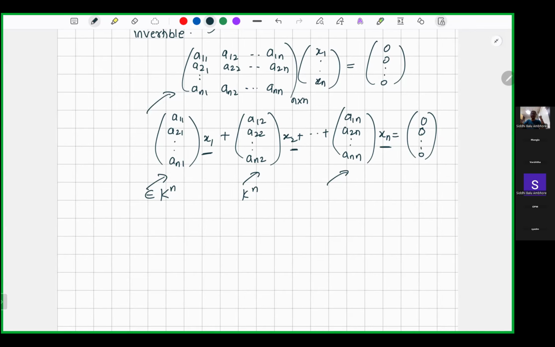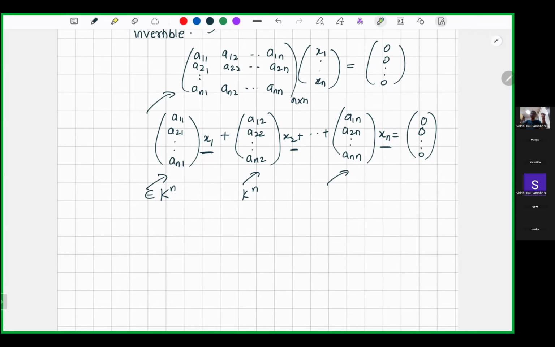In that case, I will have some non-zero solution. It will be a non-zero linear combination of n vectors giving me 0, 0, 0.